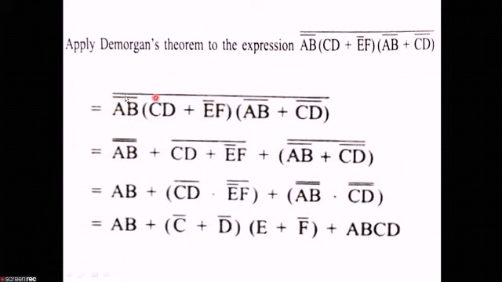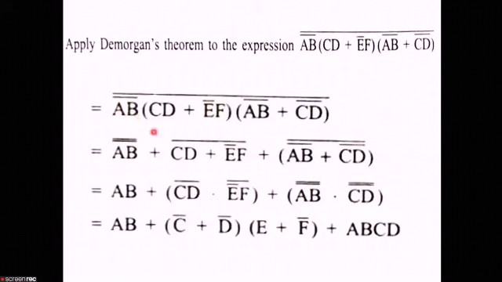Now it is told that this line has to be broken in between and we have to change the sign. Sign means the dot sign will be changed to plus. Similarly, there is a dot sign, it will be changed to plus. Now you are breaking the line. So AB, the bar was there, it will become double bar.